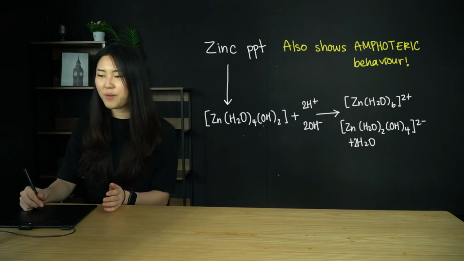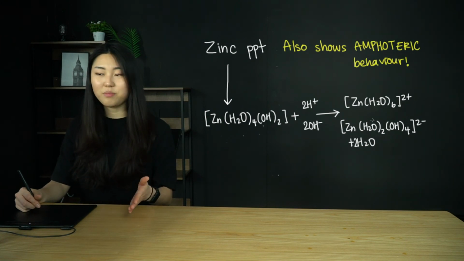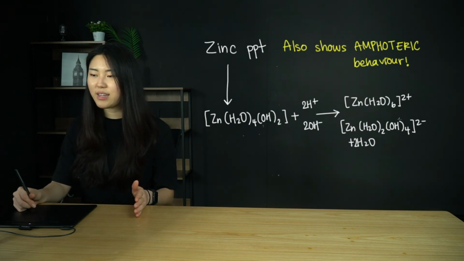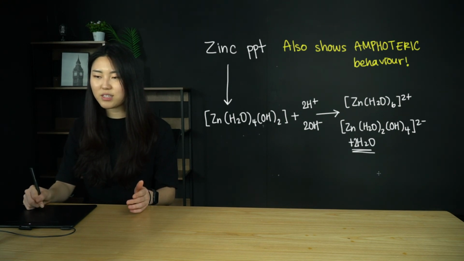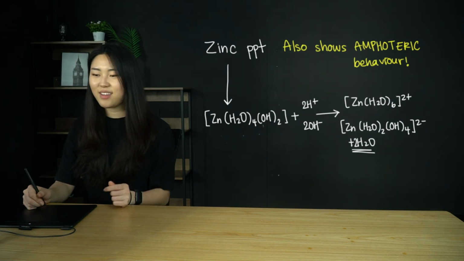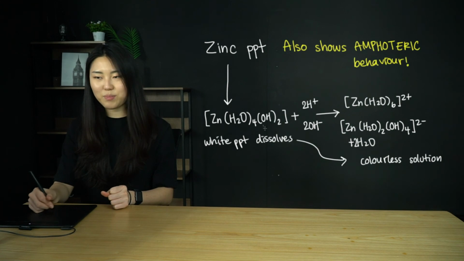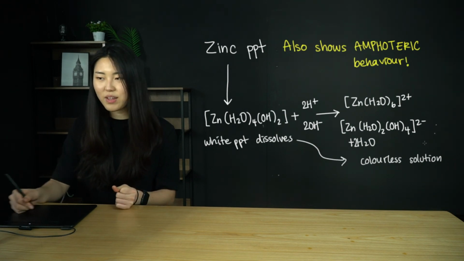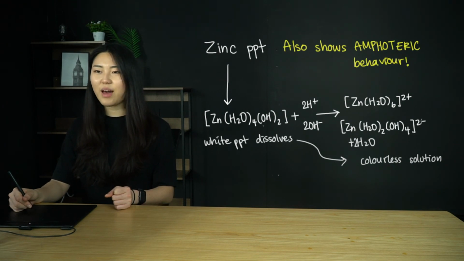So we're going to form the zinc 2 plus ion surrounded by 2 water ligands and 4 hydroxide ligands, and then we get the waste product as 2 water molecules, right? Because deprotonation occurred. So the white precipitate is going to dissolve into a colorless solution because now we're forming ions. So that is the amphoteric behavior of zinc precipitates.